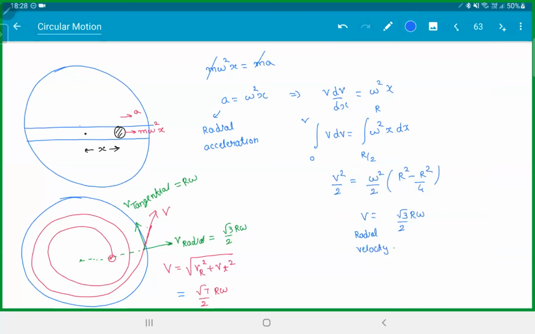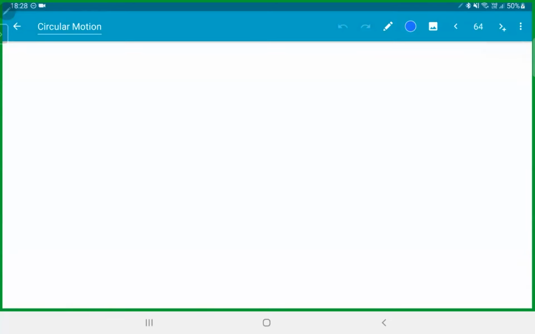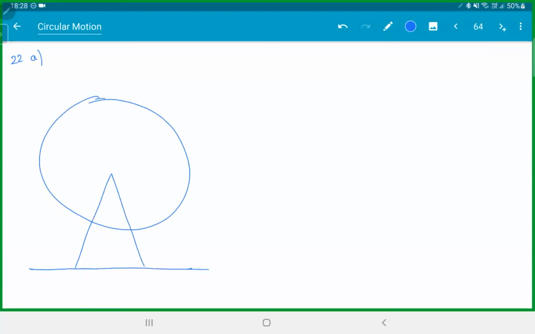Let's see something simpler. We have a person sitting in a giant wheel. So this is your giant wheel. I'm sure you must have gone on this thing. So we have a person here who is sitting at this position.